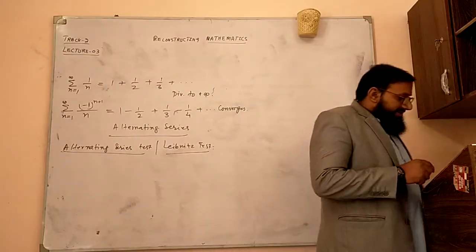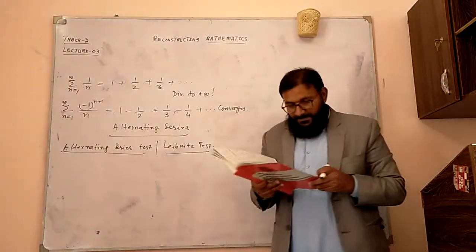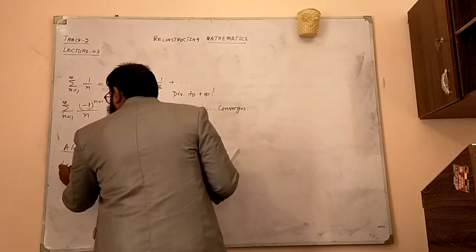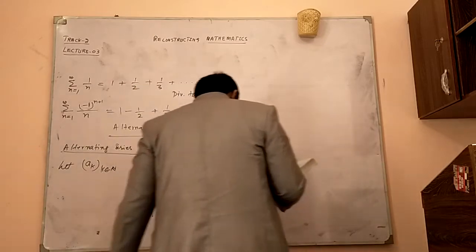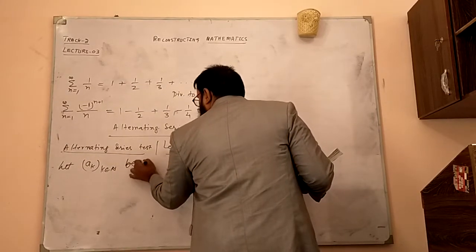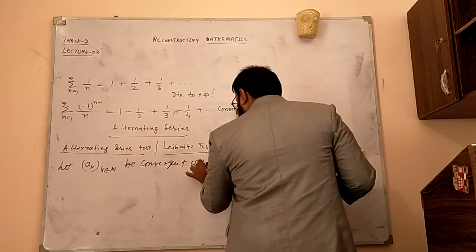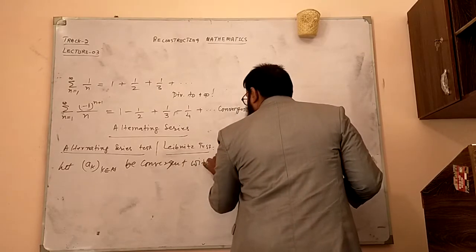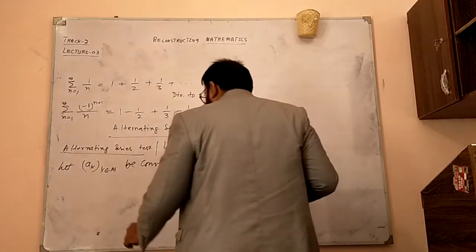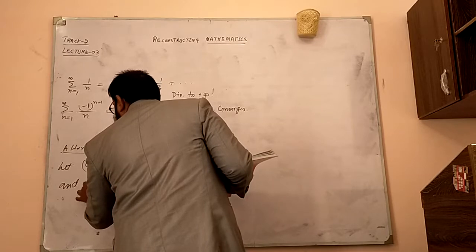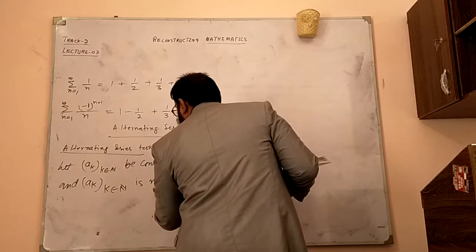So what does it say? We have a sequence a_k that is convergent. a_k is a sequence, it's not a series. What is the limit? The limit of this sequence a_k is going to be 0, and another condition is a_k is monotonically decreasing.